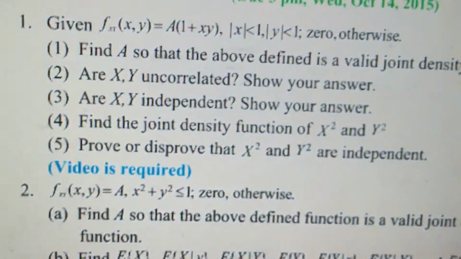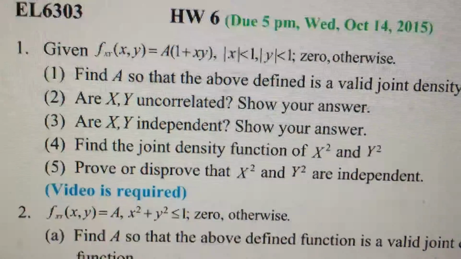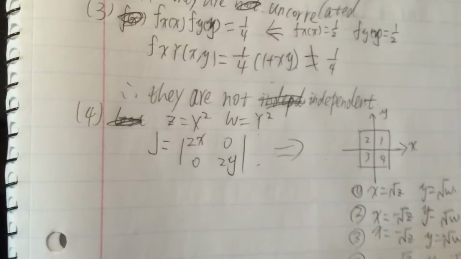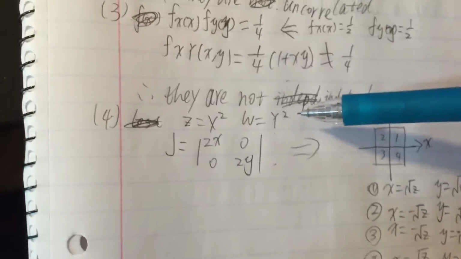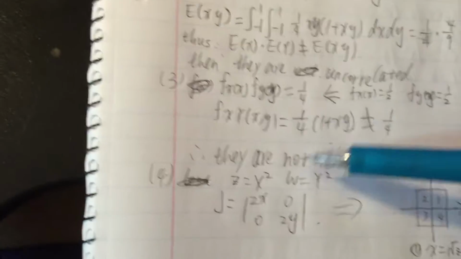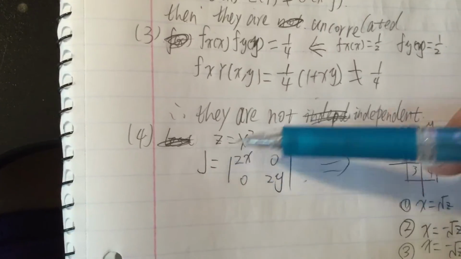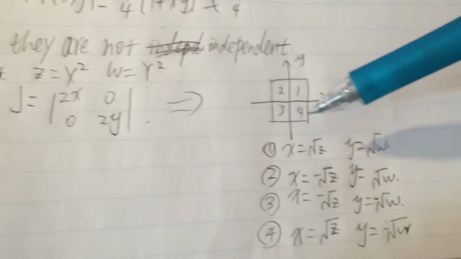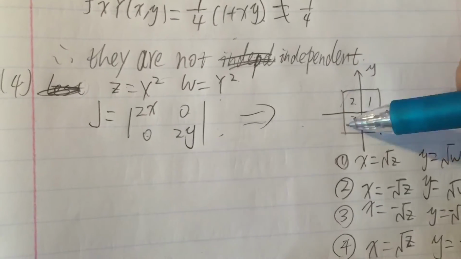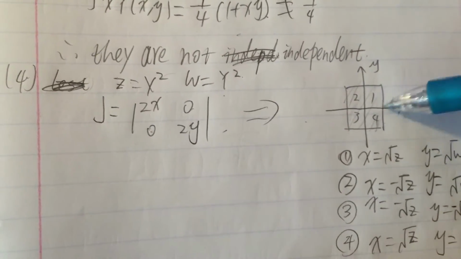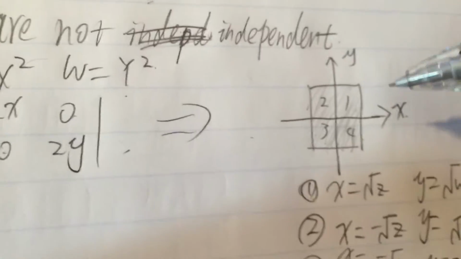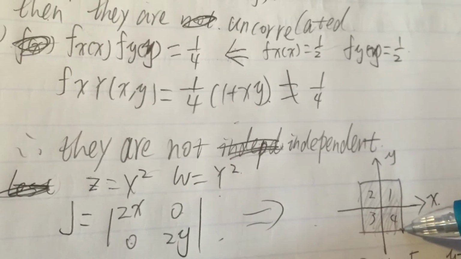For the fourth question, we need to find the joint density function of x squared and y squared. To make the question much easier, we choose z equal to x squared and w equal to y squared, and then the Jacobian is 2x 0 0 2y, and we can draw the figure here. It is all in the shadow part. Then we divide the area into 4 parts.